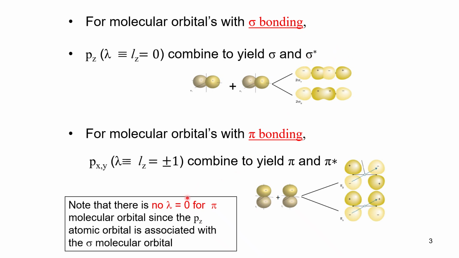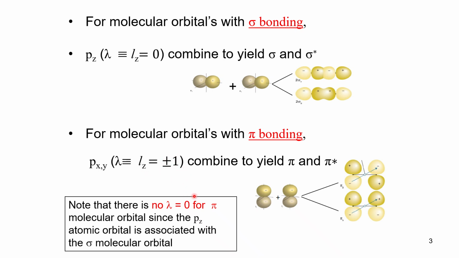Conversely, the pi bonding involves the px or py orbitals, where lambda is equivalent to Lz equals either plus 1 or minus 1.